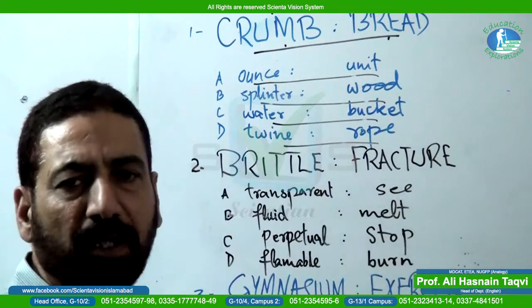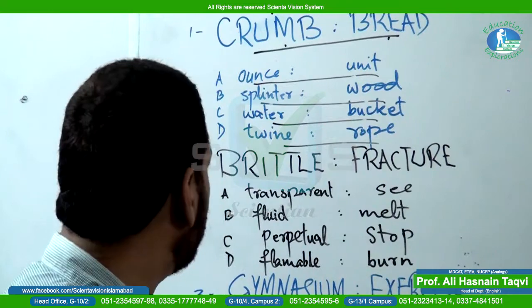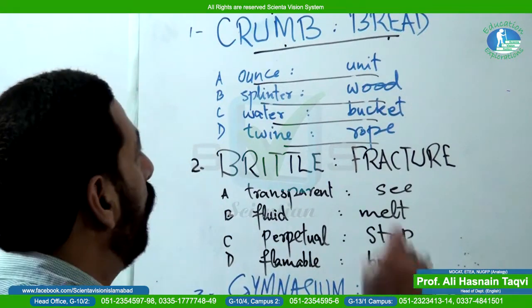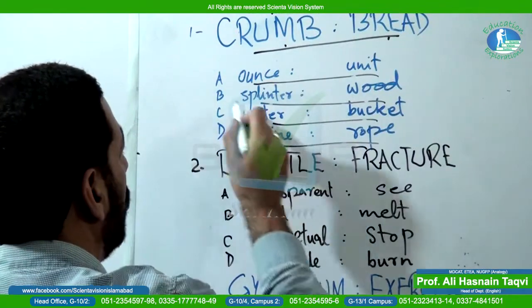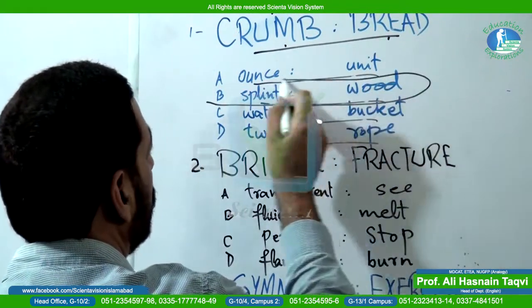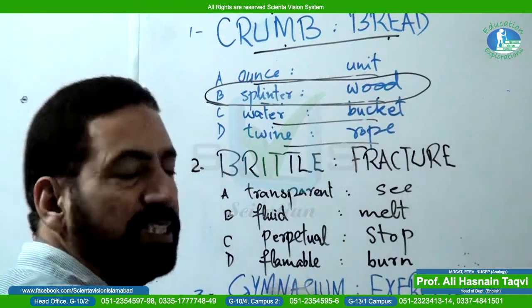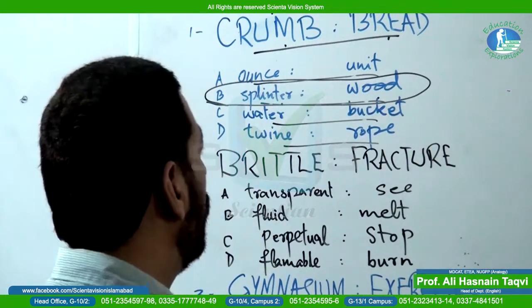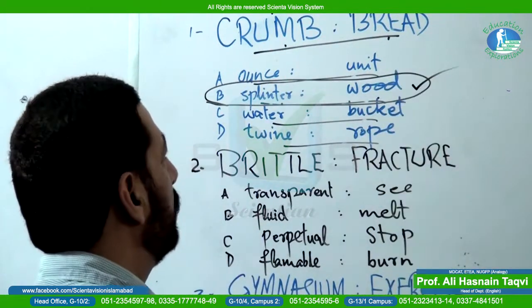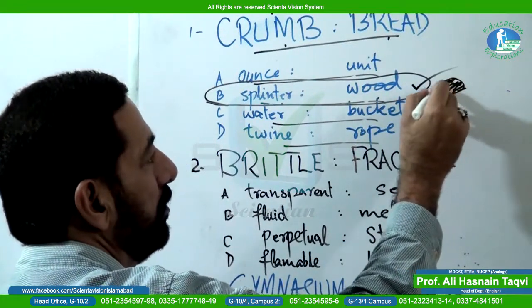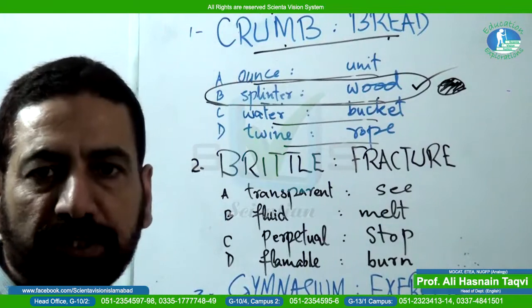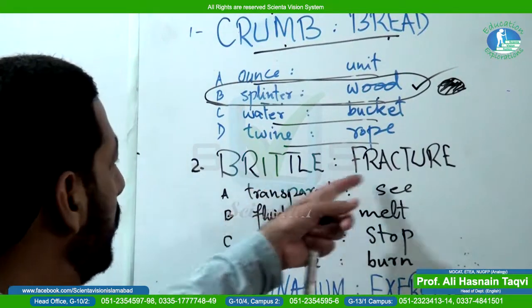Twine is the rope itself, thread. So your combination, crumb is a piece of bread. See here, splinter is a piece of wood. So if you choose this one, you have earned credit for yourself.